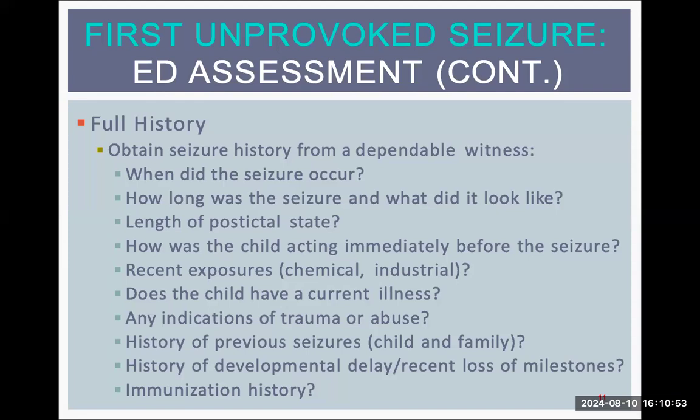And then you should ask if there are any recent exposures like chemicals, industrial, and does the child have a current illness, indications of trauma or abuse, any previous seizures within the child or the family, and any history of developmental delay or neuroregression, and the immunization history as well.